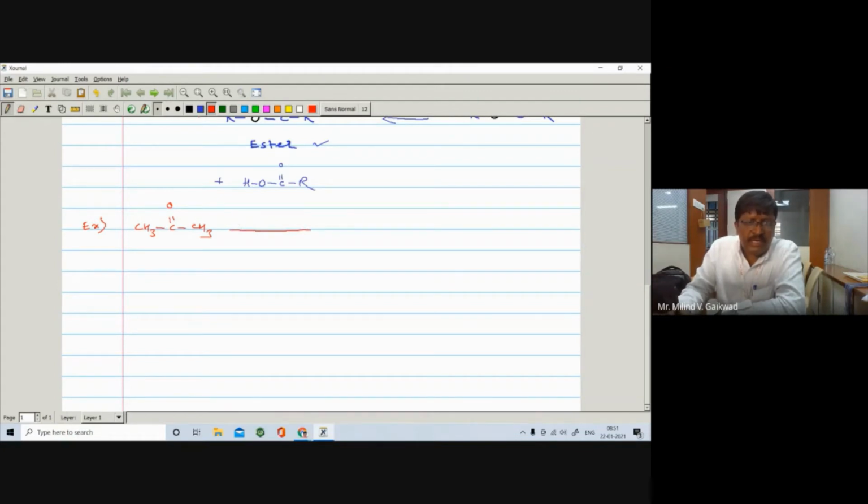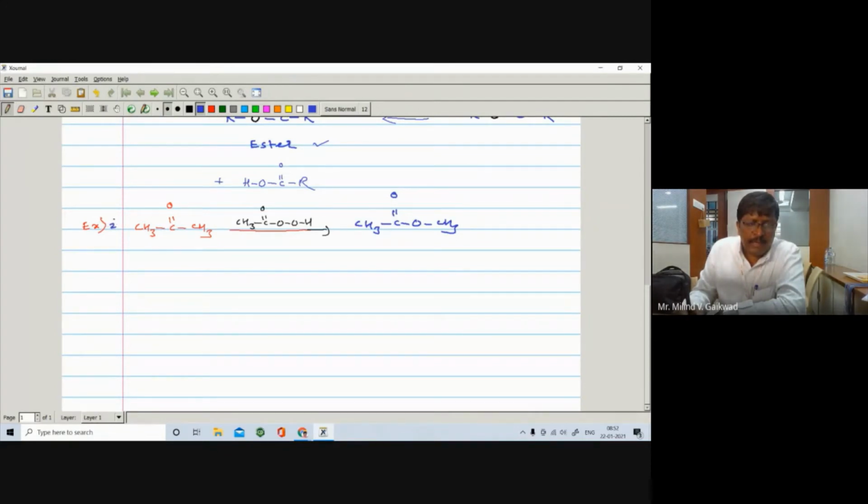In this case the per acid is, suppose, performic acid or peracetic acid, with C double bond O, O and H. We only have to put oxygen between the carbonyl carbon and the methyl group, and you get the corresponding product: CH3, C double bond O, oxygen, CH3. So the carbonyl compound converts into the corresponding product. This is example number 2.